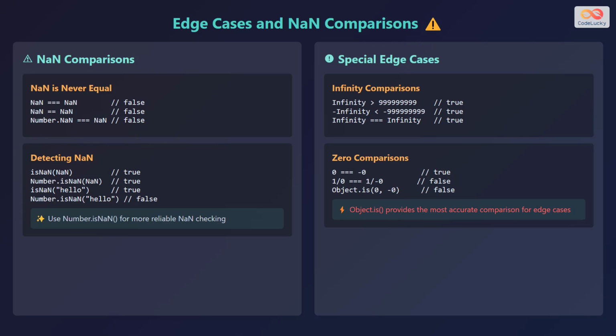Infinity triple equals Infinity is true. 0 and negative 0 are considered equal when using the triple equals operator. However, 1 divided by 0 is not the same as 1 divided by -0. Object.is provides the most accurate comparison for these edge cases. Object.is with 0 and -0 returns false.